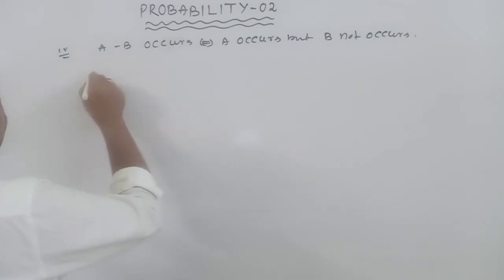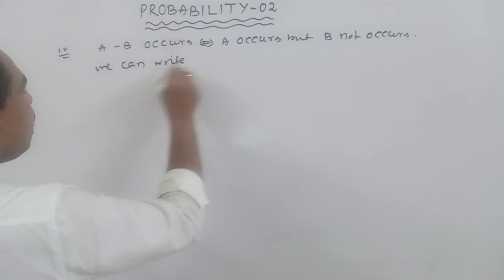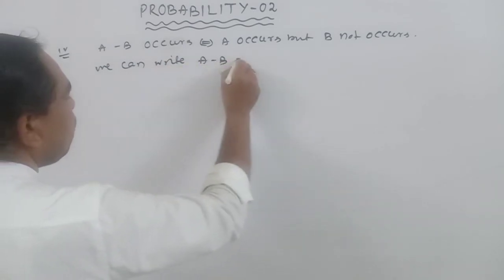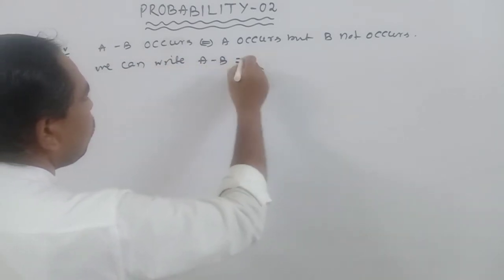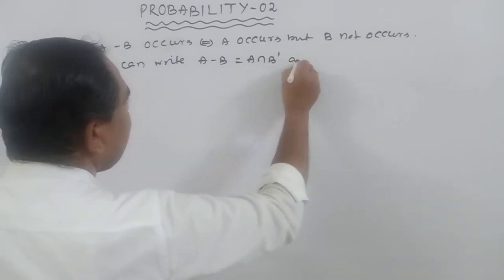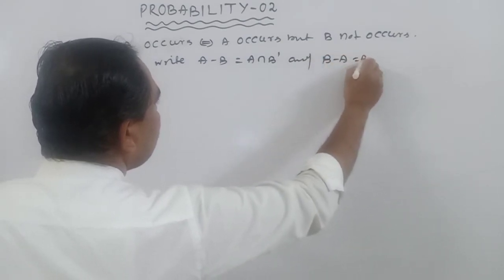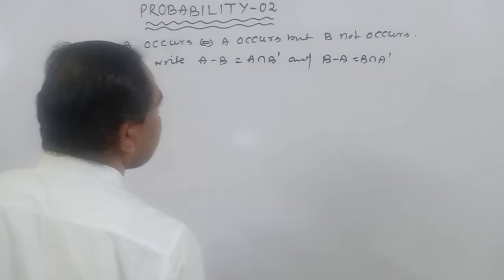We can also write A minus B is equal to A intersection B dash, and B minus A is equal to B intersection A dash.